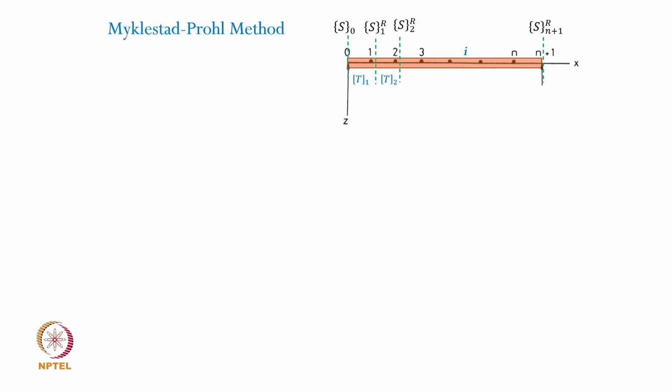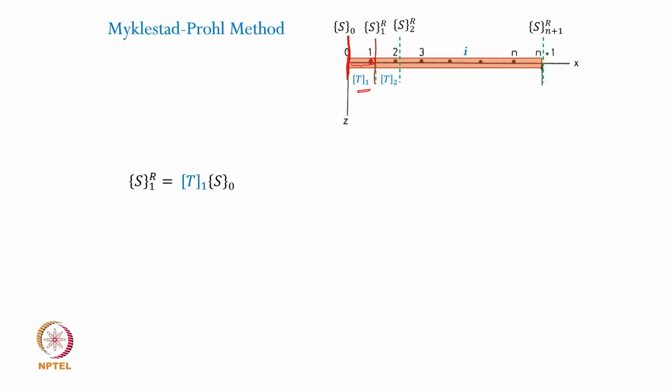So what you do for considering the entire continuum, because S1 is related to S0. Now here there is nothing like a 0th element, but we take this state vector to be S0, and now a massless segment multiplied by the mass, which is T1, relates the state vector just on the right side of the first segment to the S0 state vector.